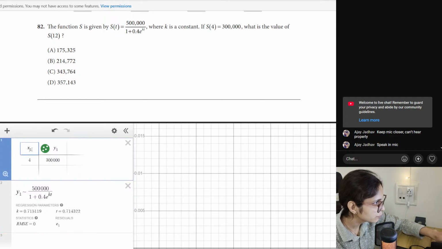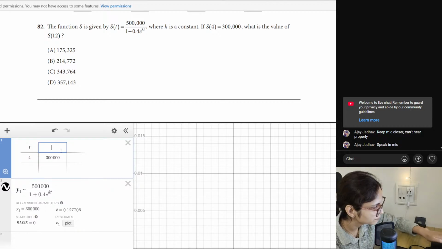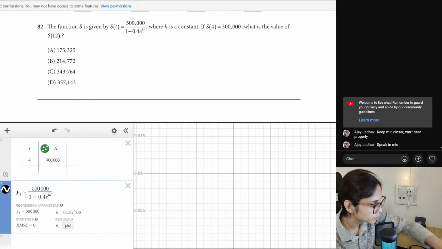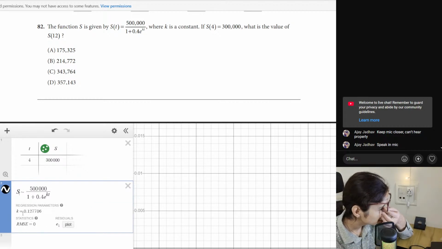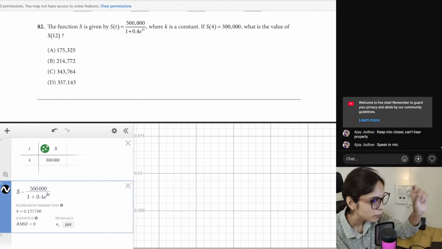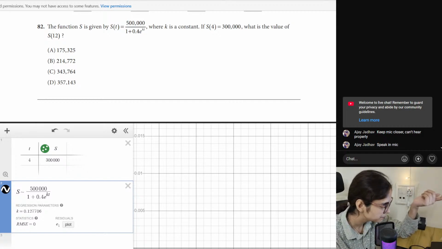If you want t over here, you write t over here, and you write s over here. That also you can do. So you're getting the value of k as 0.127706, and that is the more appropriate answer.